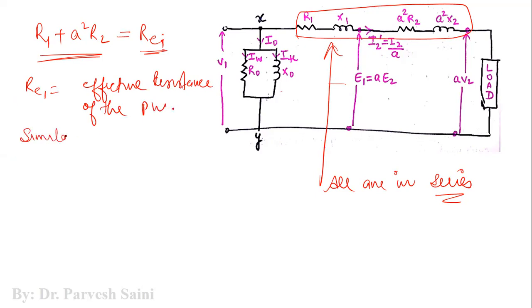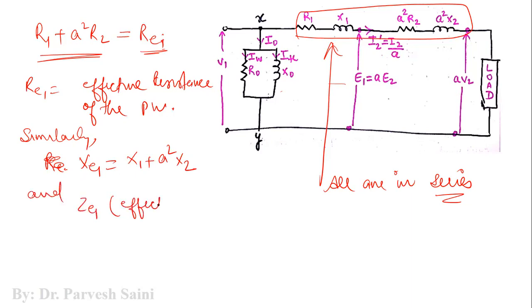Similarly, XE1 is X1 plus A square X2, and ZE1 effective impedance is equal to Z1 plus A square Z2, right?